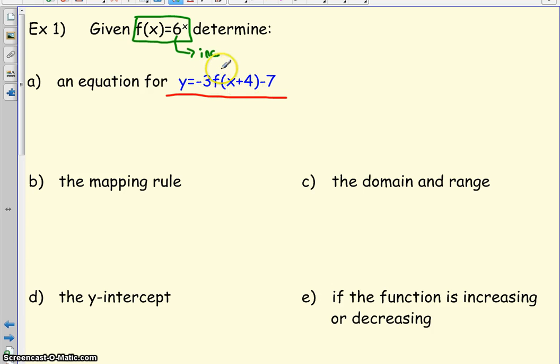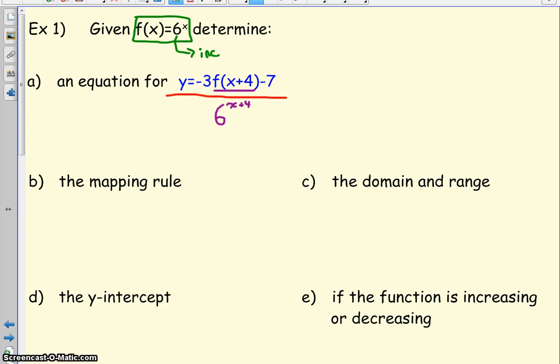Now in here, it comes up often over and over again. Don't get scared off by the function notation. All I'm asking you to do is apply this to the original function right here. So remember, what does f of x plus 4 mean? Well, it means take f of x, wherever you see an x, you're replacing with x plus 4. So the f of x plus 4 bit right here is simply going to be 6 to the exponent of x plus 4.